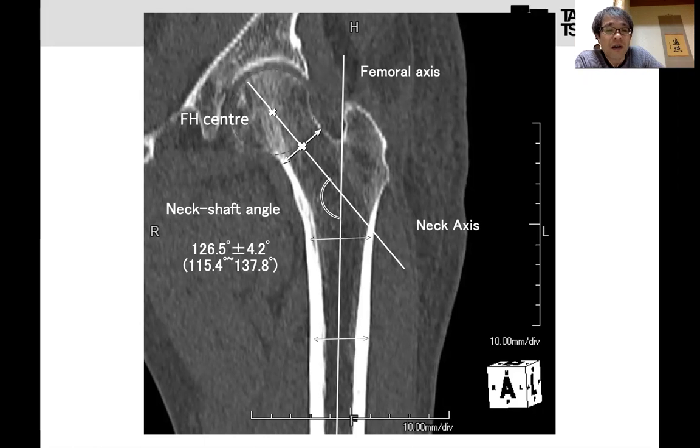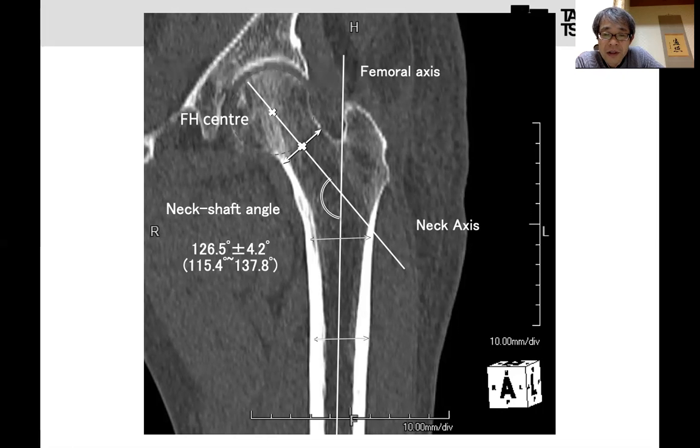So currently, for example, for the gamma nail the most popular angle is 125. The original one was 135. That was the original gamma nail.